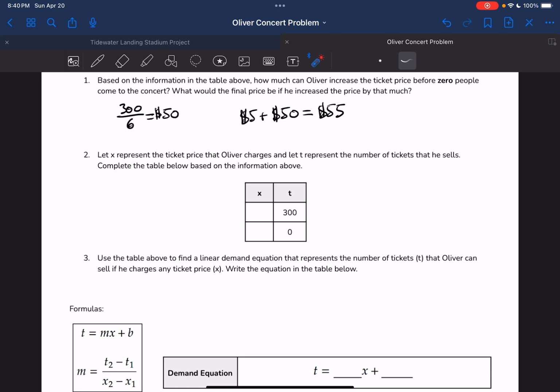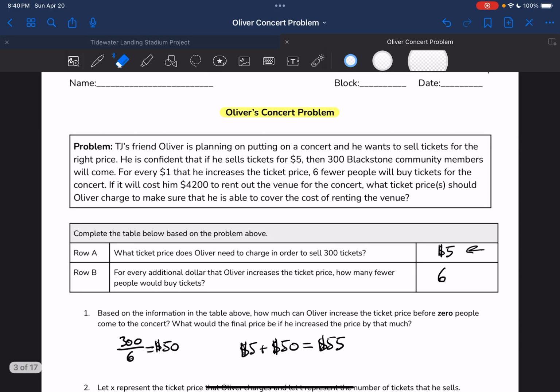We're trying to create a table that tells us 2 different situations where we know the ticket price and the number of people who will come. We want to do that here too. So for T, if T is 300, that means 300 people are coming. What needs to be true if 300 people are coming? Well, we know that the ticket price needs to be $5, right? That comes straight from our question.